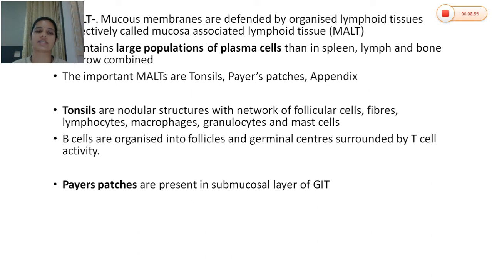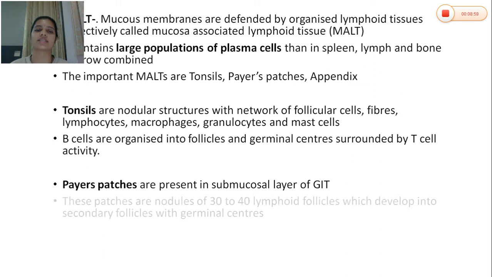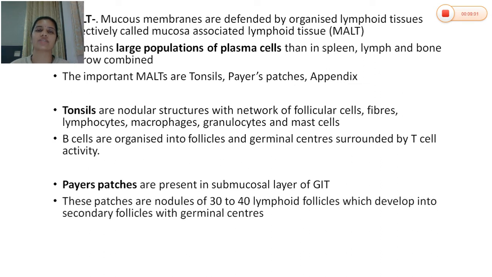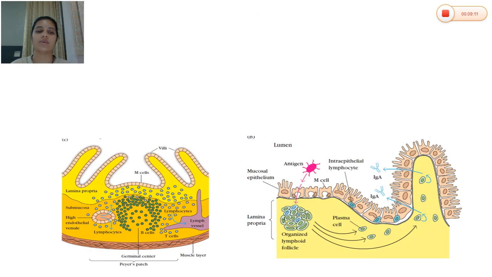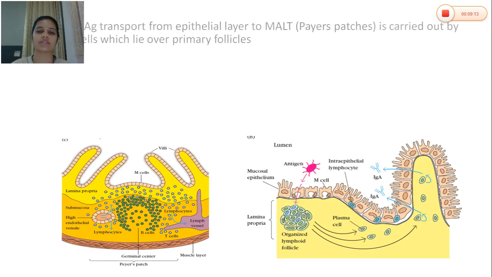Now Peyer's patches. Where are these present? Peyer's patches are present in the submucosal layer of the gastrointestinal tract. These patches are a collection of 30 to 40 lymphoid follicles which develop into secondary follicles with the germinal center. You can see here the diagram of the Peyer's patch.